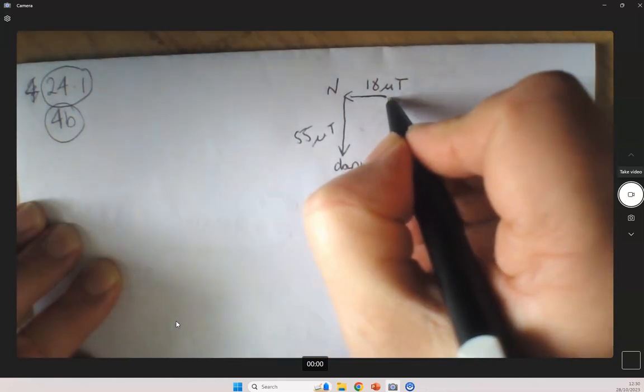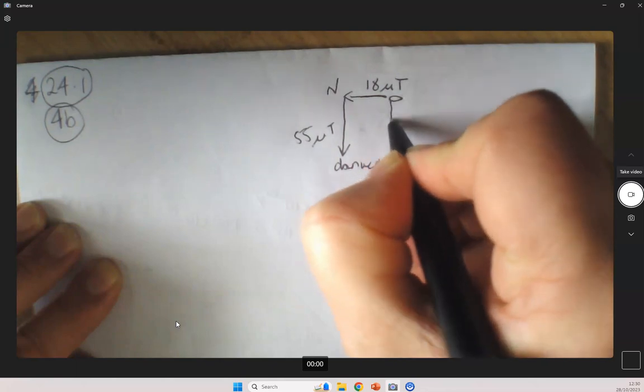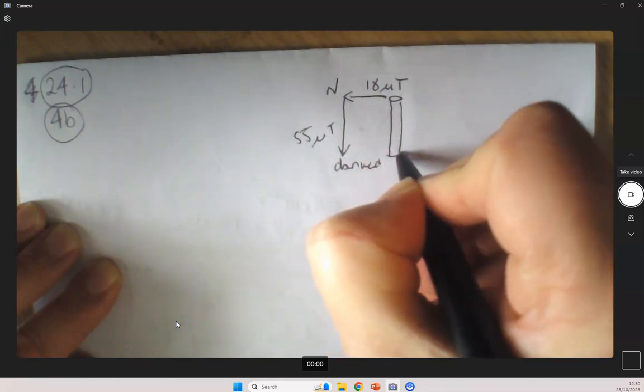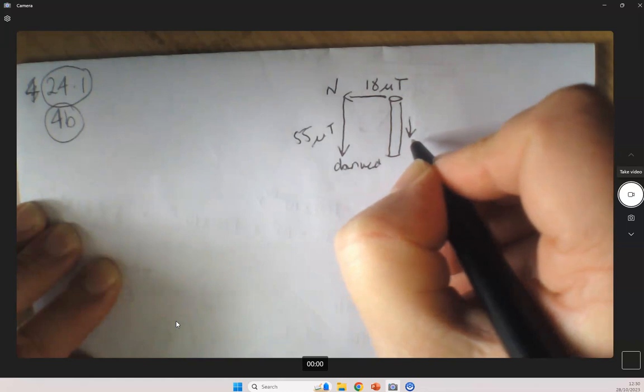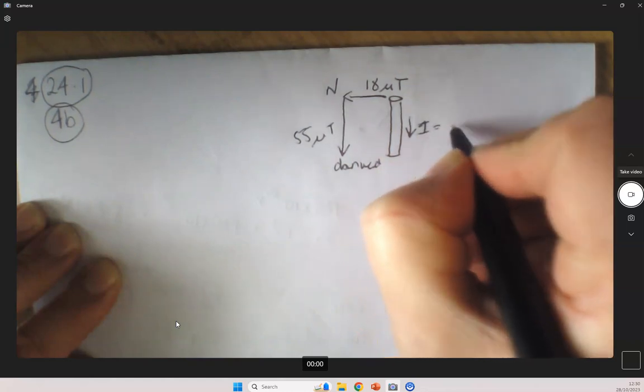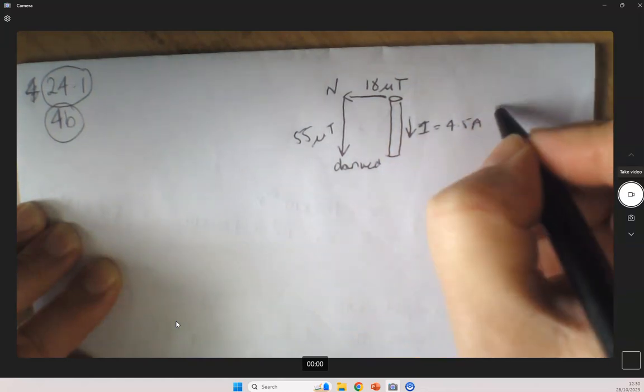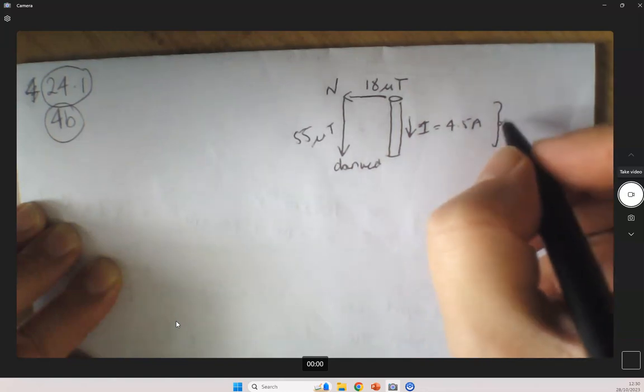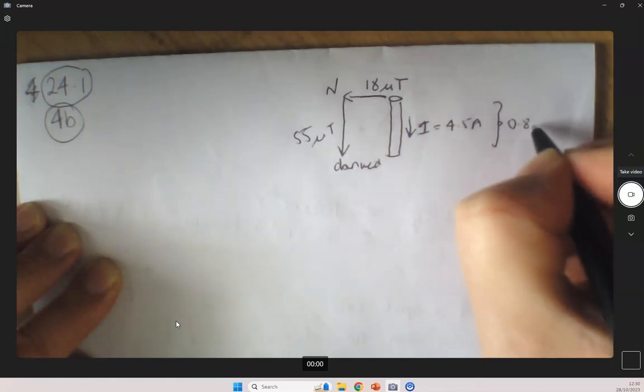Now we've also got a wire. I'll draw my wire in at this point, and there's my wire. And the wire's got a current running down it of 4.5 amps.